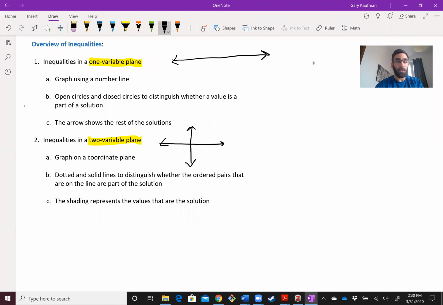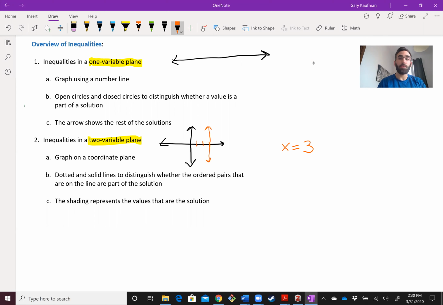But remember, two variable plane doesn't mean there are two variables, because we had, for example, x equals 3, which we would graph as a vertical line through x equals 3. So two variables doesn't mean it's in a two variable plane, and one variable doesn't mean it's a one variable plane. It's how we're graphing, on a number line or on a coordinate plane.